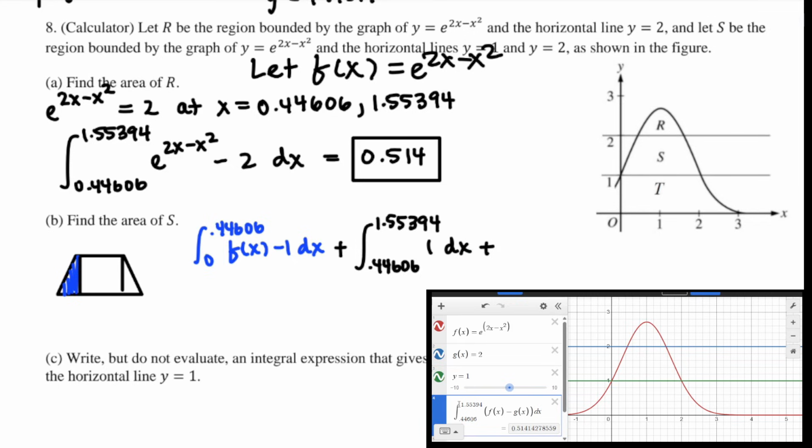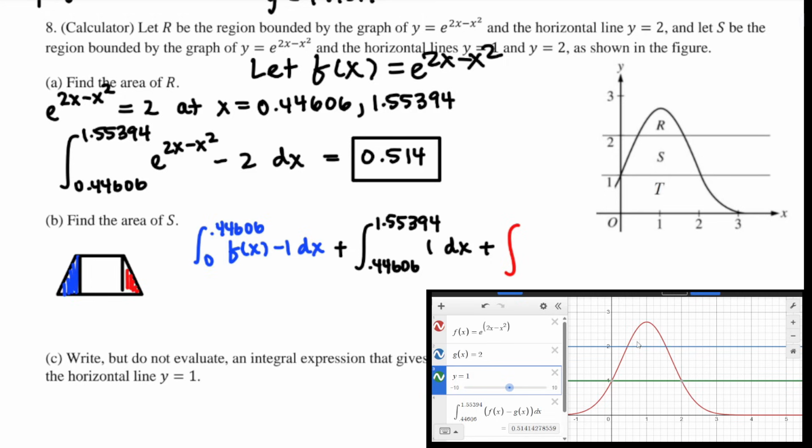And then lastly, I would have this business here, and that's going to be the same top and bottom, f of x minus 1. I'm just going to integrate that from... Oh, yeah, I think what some people that were a little smarter in my class in the past have done is they've integrated f of x minus 1 from 0 to the second intersection, to this spot right here, to x equals 2.